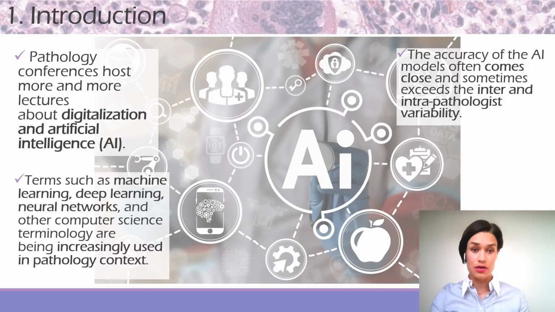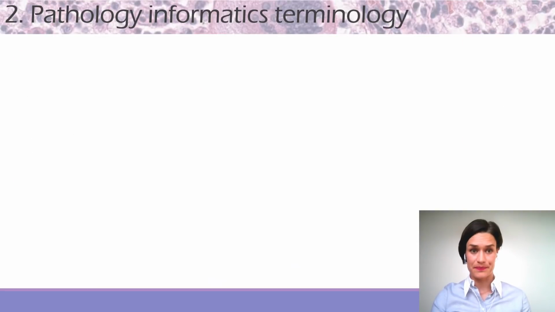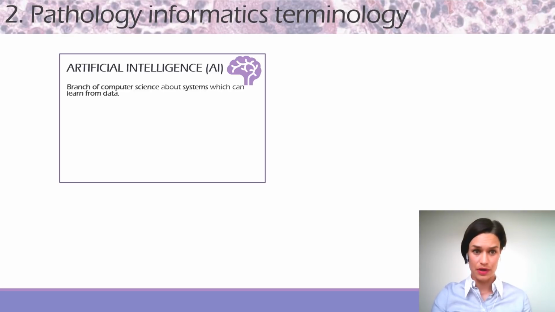And terms such as machine learning, deep learning, neural networks, they increasingly are being used in pathology context. So the question is, are we approaching a new era where AI will dominate pathology, or is it still a long way off? Let me start with the terminology to understand it better.